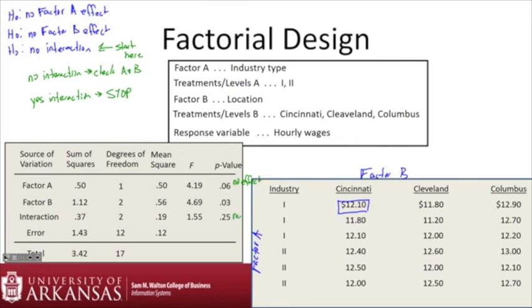We already said there was no interaction. But in factor B, in this case our location, is there an effect? Yes. So here, it's not so much the industry, it's the location that has an impact.